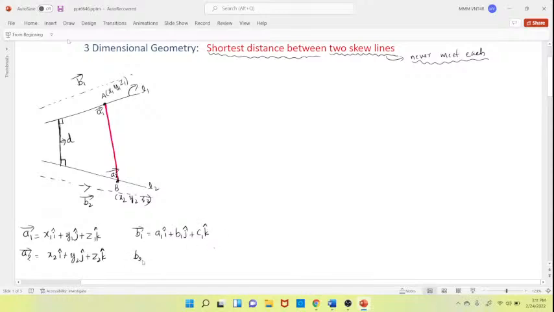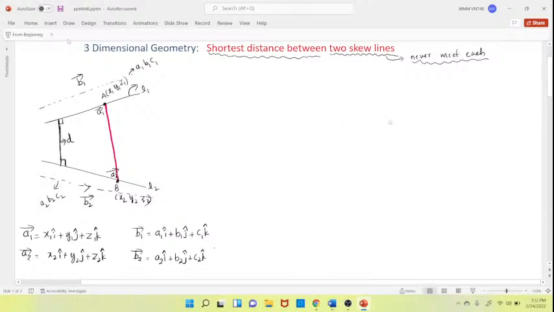And another line b2 is given by A2 i cap plus B2 j cap plus C2 k cap, where A1, B1, C1 are the direction ratios of the b1 vector, and A2, B2, C2 are the direction ratios of the b2 line, right?